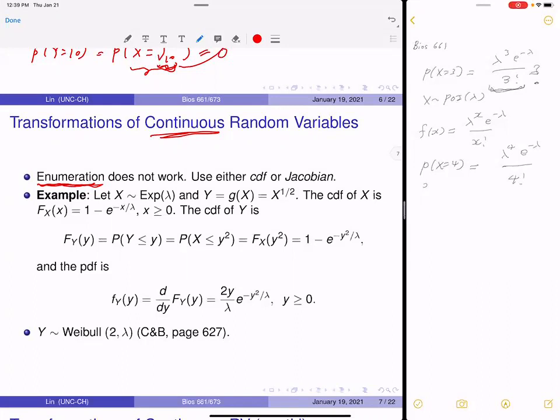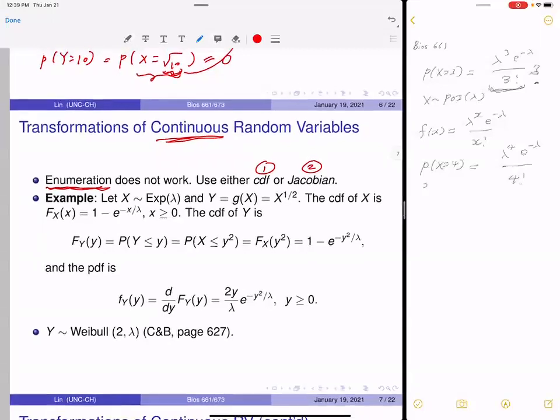Okay, so there are two things you want to try. At least in my class, these two things will never go away. Or saying that there's no third option for you to do. Number one, CDF. Number two, Jacobian. Okay.